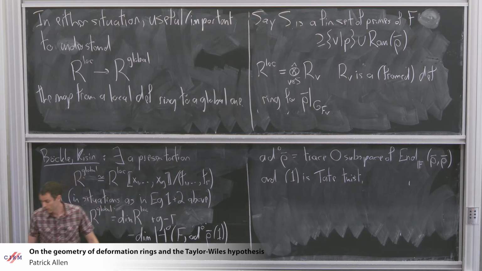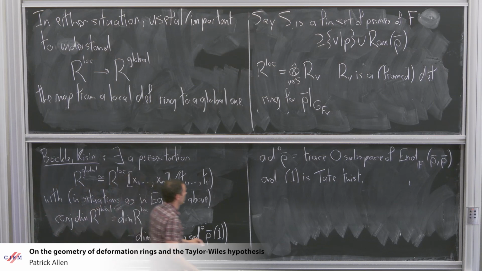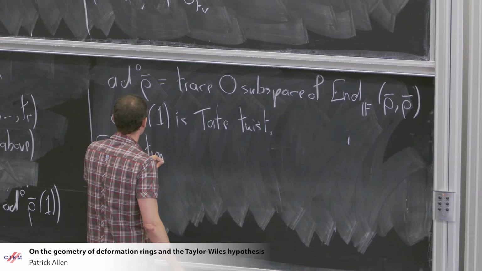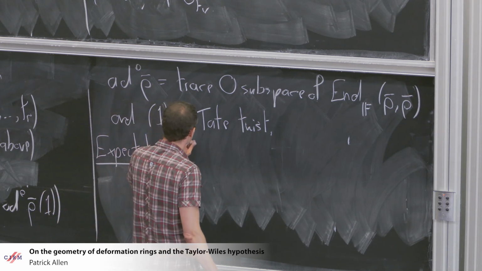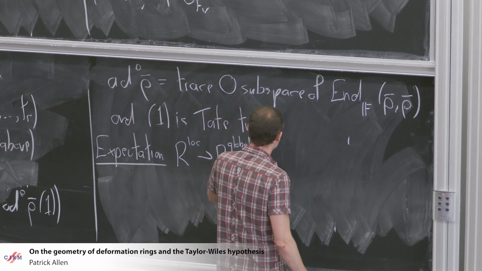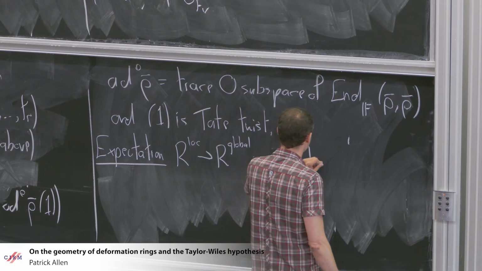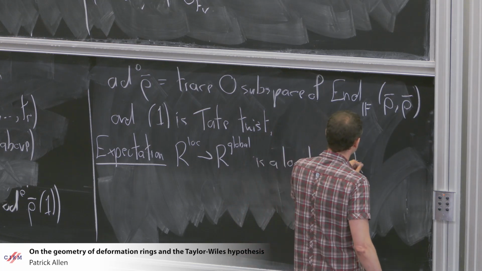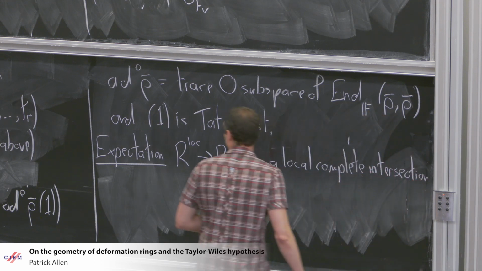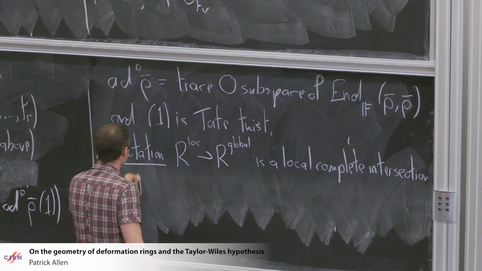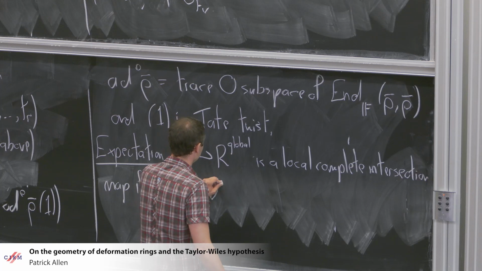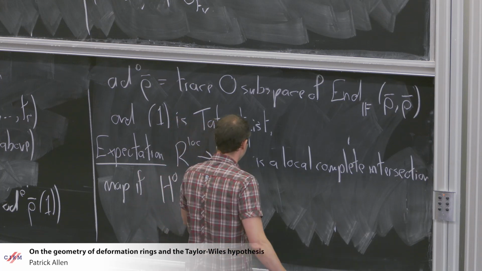So you end up with the expectation that R global is a local complete intersection map if this H0 of ad0 rho bar (1) vanishes, right?